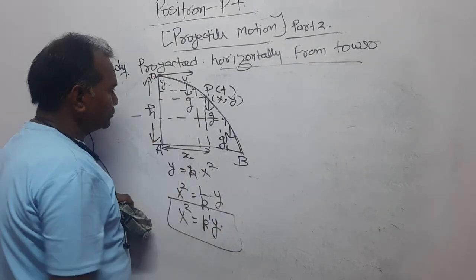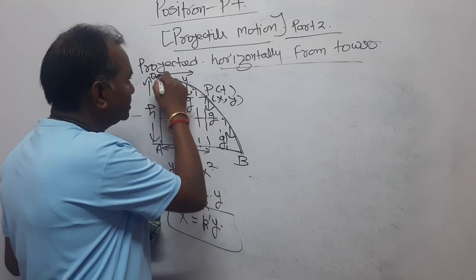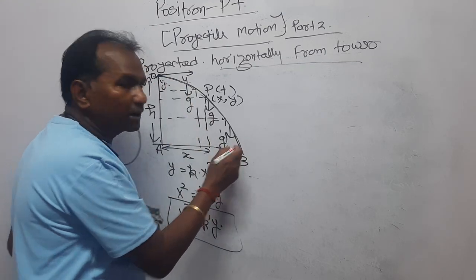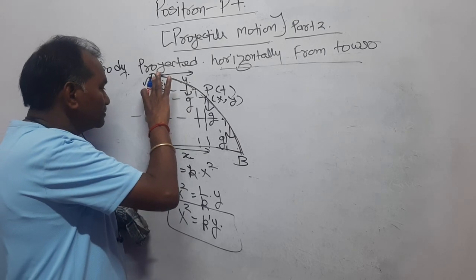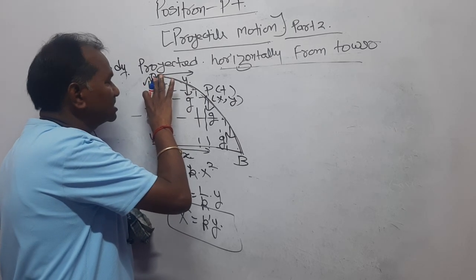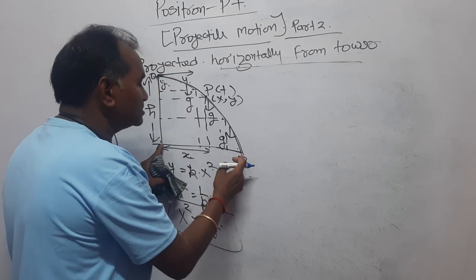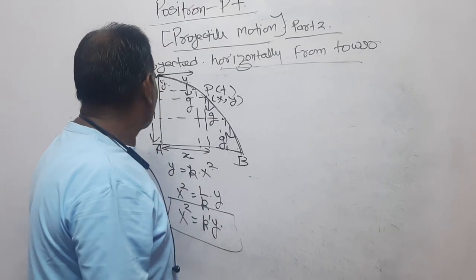Consider this vertical motion. Let in time t the body reach from here to here via a curved path. In that time t, the body completes this distance on the y-axis and this much distance on the x-axis. Now look here.